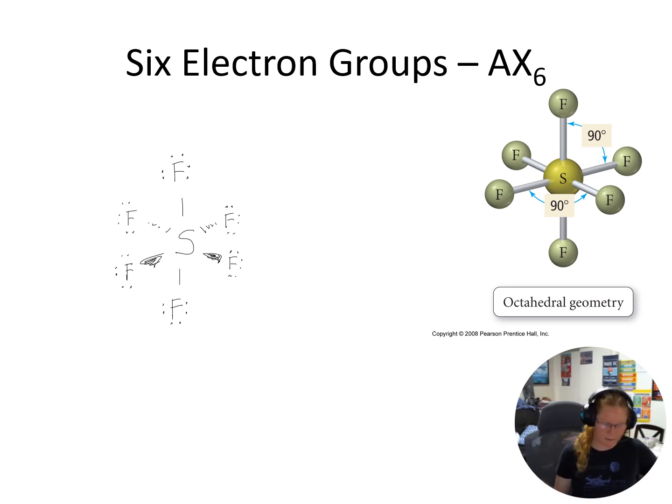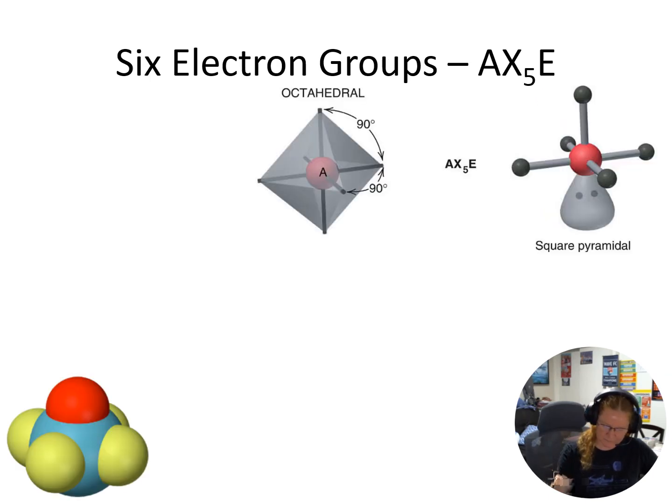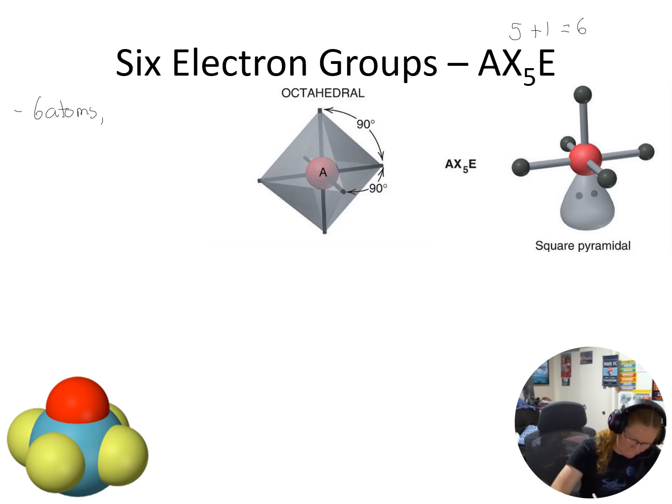All right, let's have a lone pair. So 5 bonding, 1 lone pair, still gives me 6. Here I have a central and 5 surrounding, so I have 6 atoms, 1 lone pair.